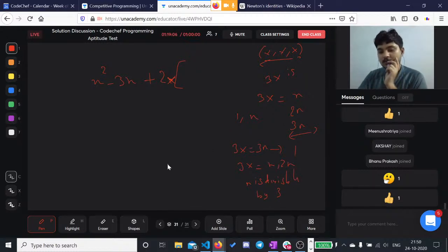So if n is divisible by 3, you have x equal to n by 3 and x equal to 2n by 3, which is possible. So this will be 1 or 3, depending on if n is divisible by 3 or not.